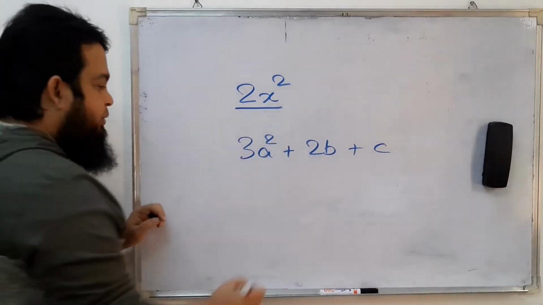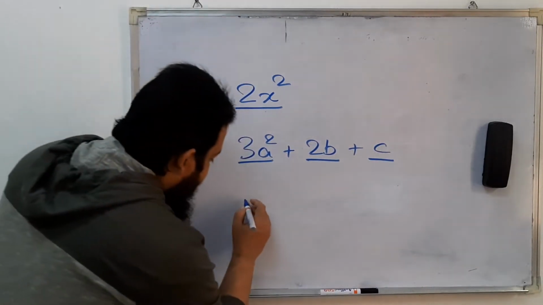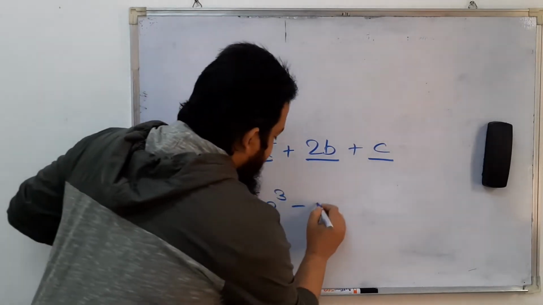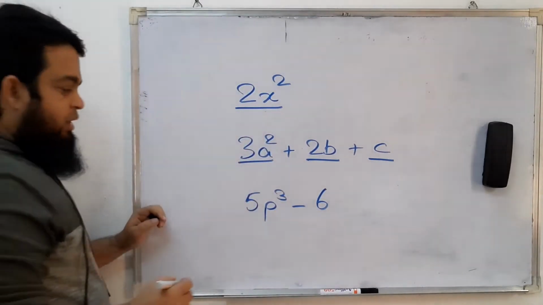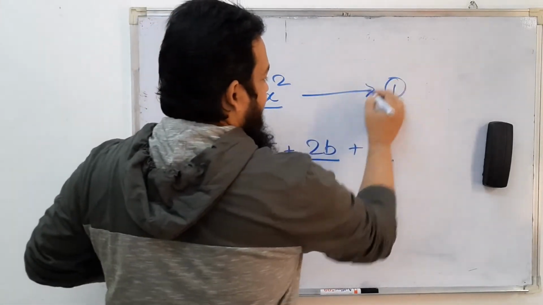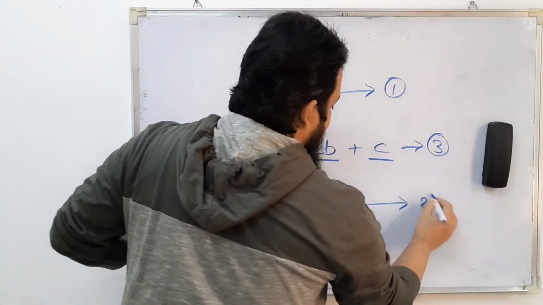So here how many terms are there? 1, 2 and 3. Okay, in the same way, 5p cube minus 6. Okay, so here you have two terms. See, in this first polynomial you have one term, here you have three terms, and here you have two terms.